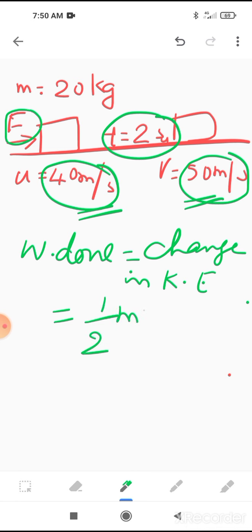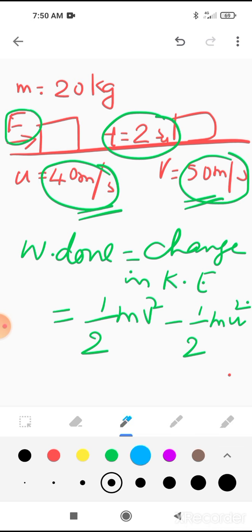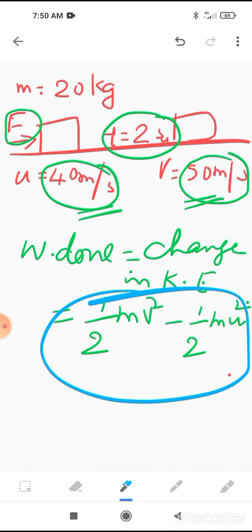That is half mv square, that is the final kinetic energy, minus half mu square, that is the initial kinetic energy. m, v, u, all the terms are given. Find out the change in kinetic energy. That change in kinetic energy is the work done. This is the application of work energy theorem.